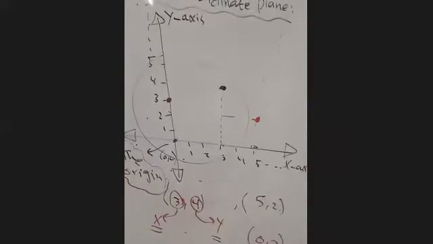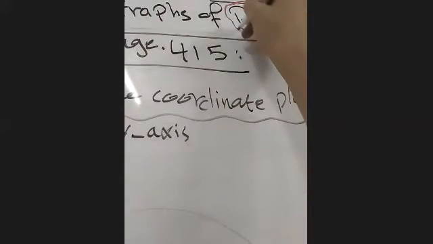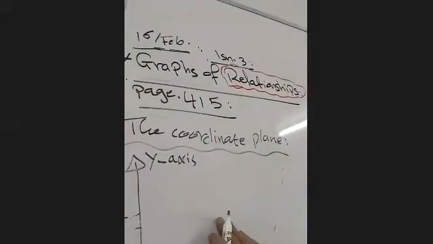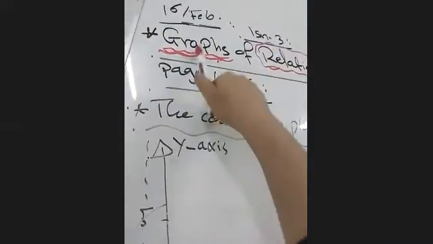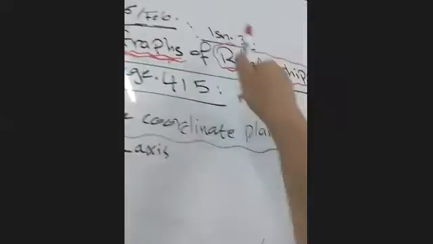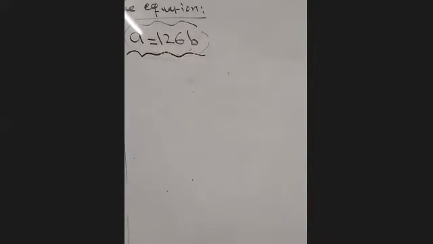Now, directly, I will go to example 1 to understand the idea here. What we will do, guys, is take the relationships which we studied in tables in the previous 2 lessons and graph them. So we will graph the relationship. Now let's go to example 1, page 416 together. All of you go there, please. Open your books.